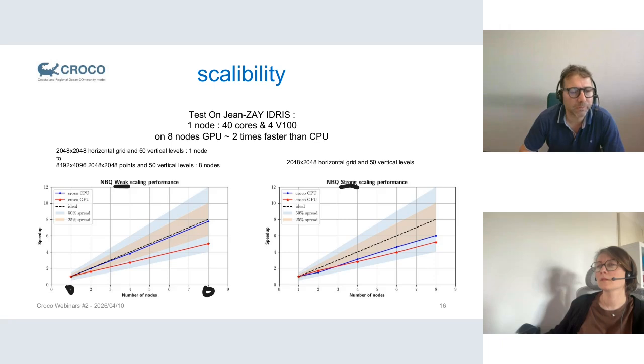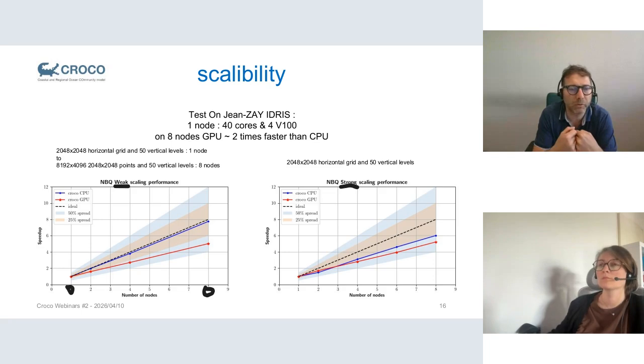is a time step faster on GPU than on CPU. In my opinion, what I think is that on GPU, the frequency of exchanges between CPU and GPU is a limitation.